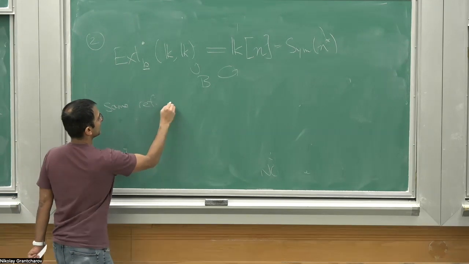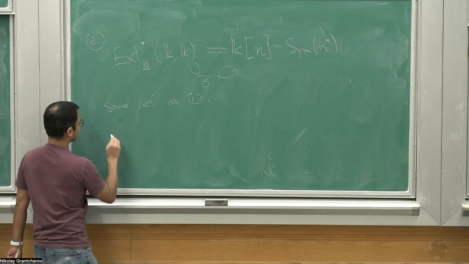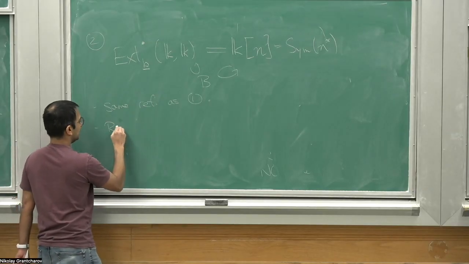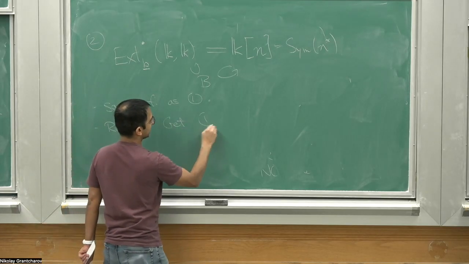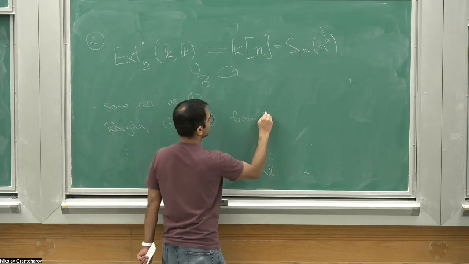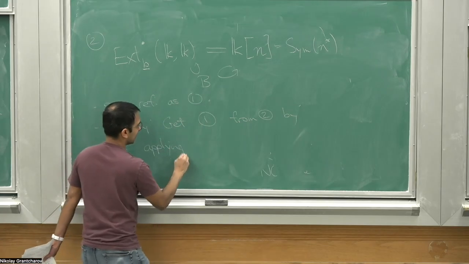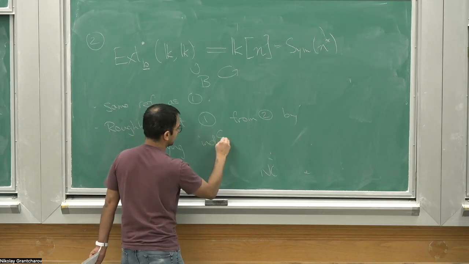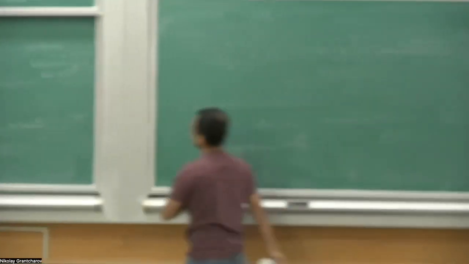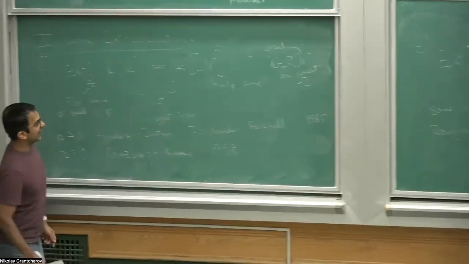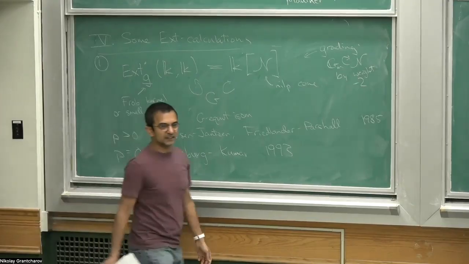So there are the same references as part 1, and in rough terms, you get the Ext calculation in part 1 from part 2 by applying some kind of induction functor, by applying induction from B to G. So on the right-hand side, it's literally true that if you induce this representation from the Borel to G, you get this, and on the left-hand side, you have to understand why applying an induction functor makes sense.